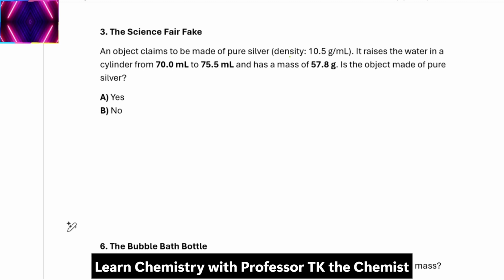So for this problem right here, it says an object claims to be made of pure silver, which has the density of 10.5 grams per milliliter.